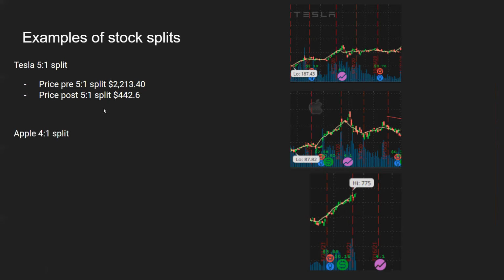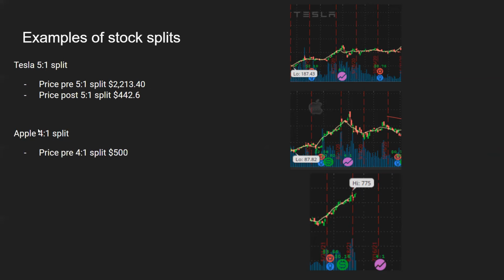So let's look at Apple next. Apple did a 4-to-1 split. They announced it, their low was 87, and they ran up again right as the split date approached. It runs up and then it pulls back. It has a correction. We see this pattern with Tesla and with Apple. I feel like we'll see it again with Nvidia because its split date has not arrived yet, but history tends to repeat itself in the stock market.